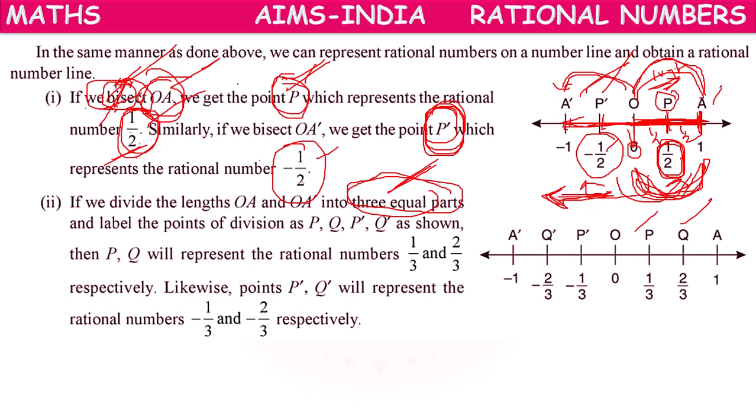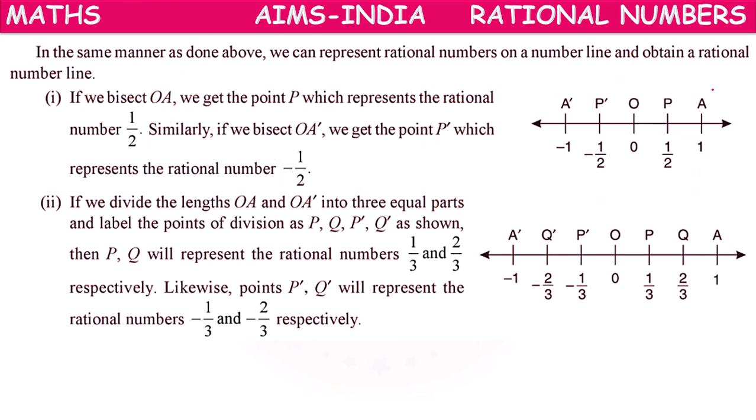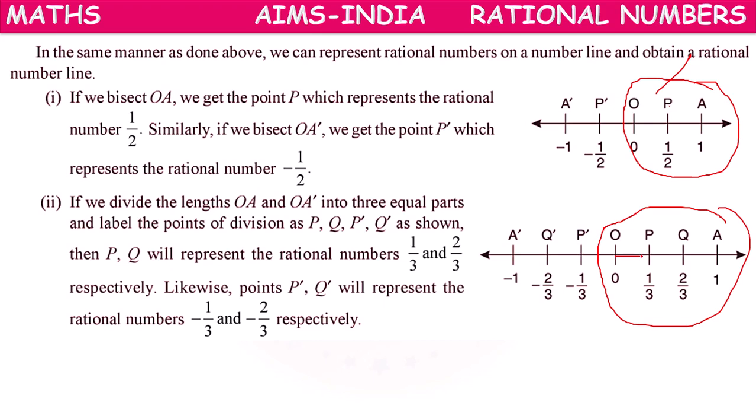Previously, for dividing into 2 equal parts, we needed the help of only 1 point. But here, for dividing into 3 equal parts, first part, second part, third part, we have to take the help of 2 points. One is P, another one is Q on the right hand side. In the same way, on the left hand side also we can take P dash, Q dash.